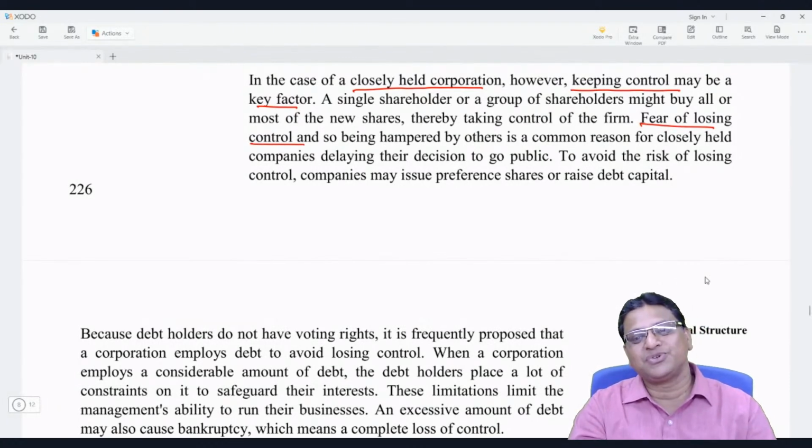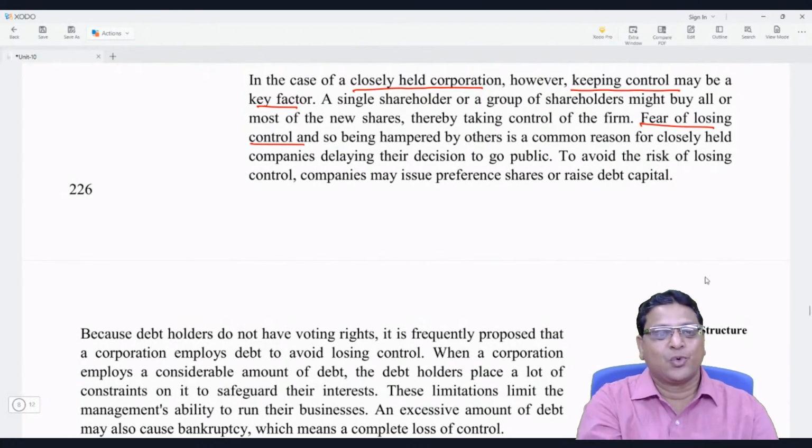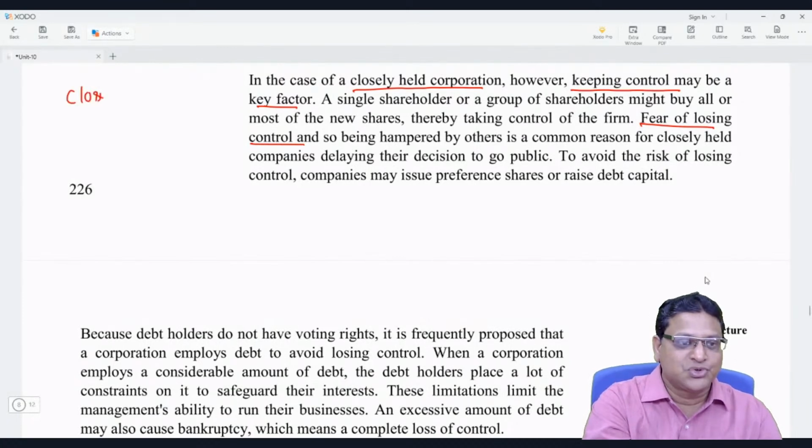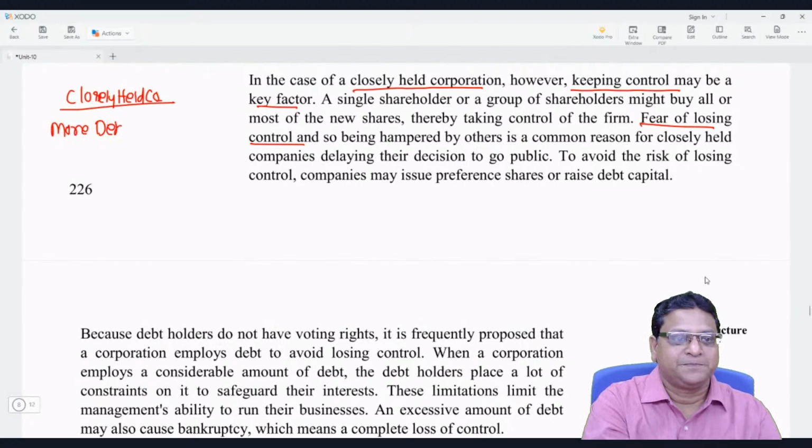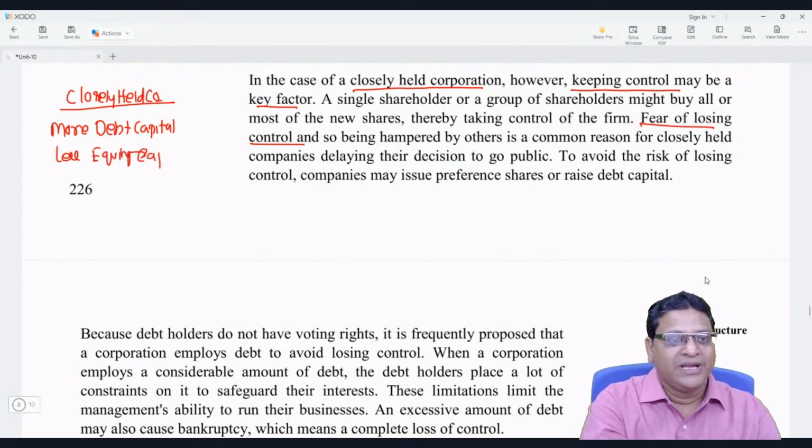Hence, they do not use more equity capital. Closely held companies use more debt capital and less equity capital. The reverse is true in case of widely held company.